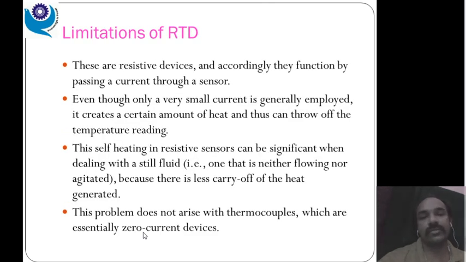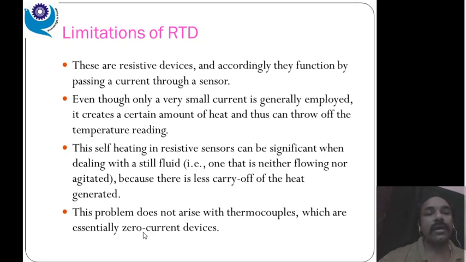Limitations, this is the last point, limitations of RTD. If we see, these are resistive devices and accordingly they function by passing a current. Basically for the RTD we need to pass the current. Without current it may not operate. That's why the limitation is that minimum current is required to operate an RTD.